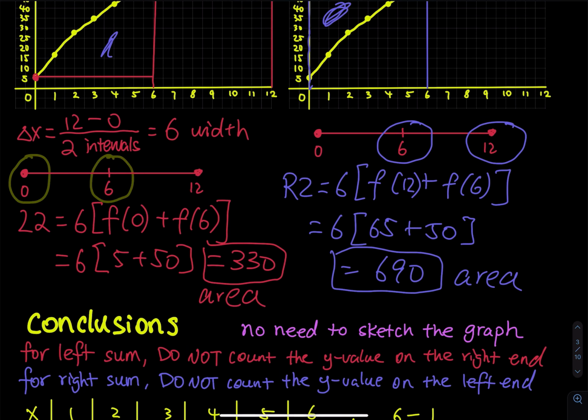So two intervals, right? You go from left to right, you pick everything except the last one. The right sum, you go from right to left, you pick everything except the last number on the left. That is not that difficult to memorize, right? Left to right, grab everything except the last one on the right. Right sum, from right to left, you grab everything except the very last value on the left.